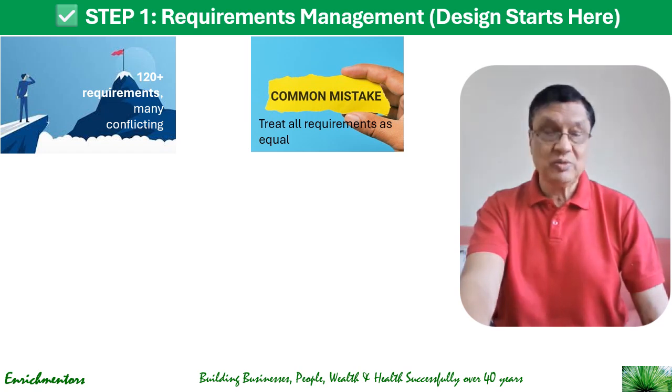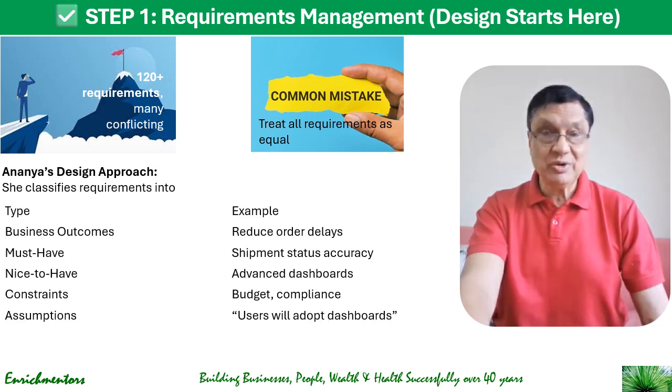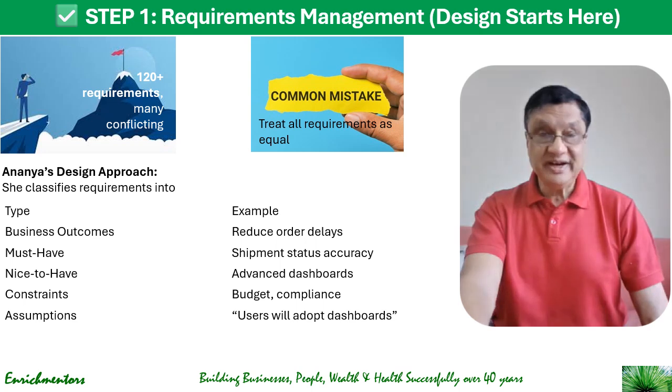She classified requirements into a few categories. Business outcomes, for example, the requirement to reduce order delays. Then there are a few must-haves, like shipment status accuracy. A few nice-to-haves, like advanced dashboards, which would be nice but not necessary. A few constraints like budget and compliance, and a few assumptions, such as that users will adopt dashboards.